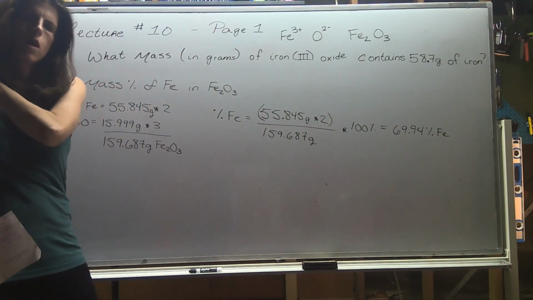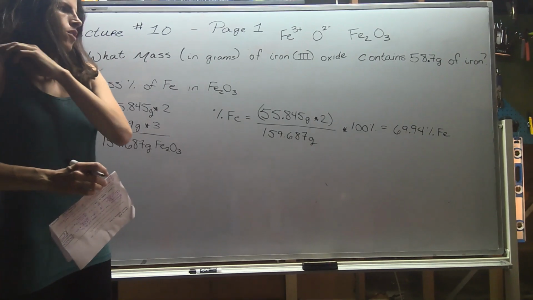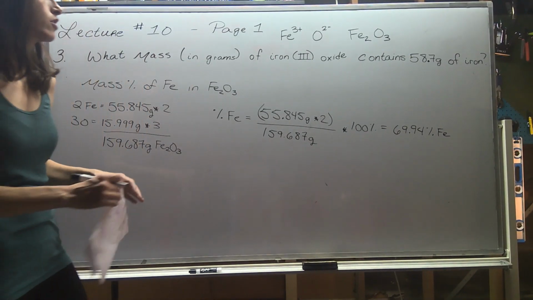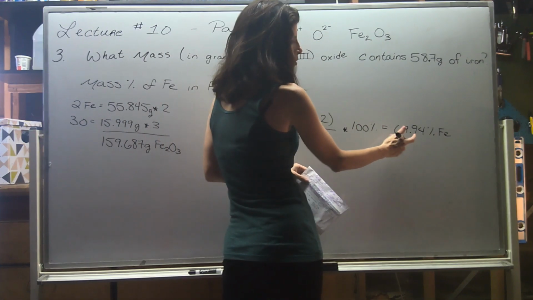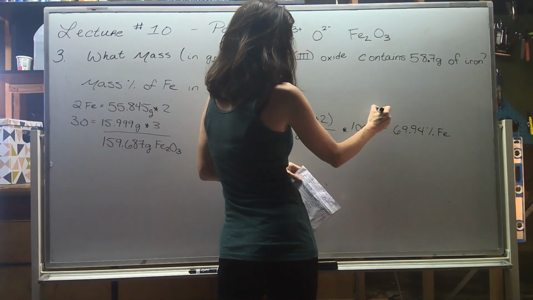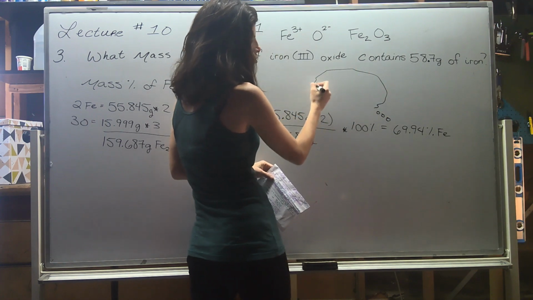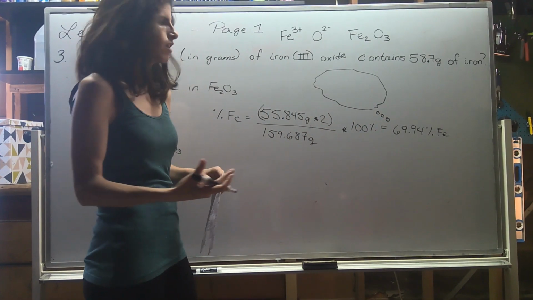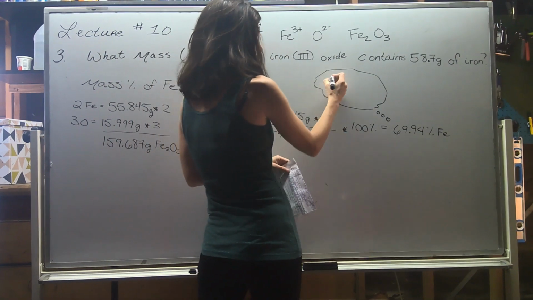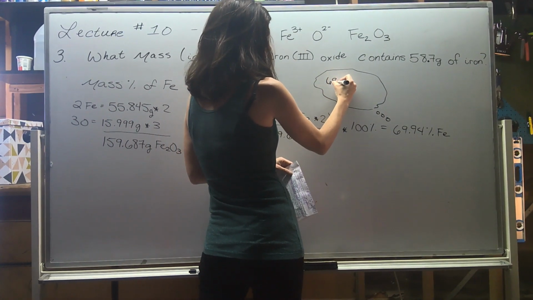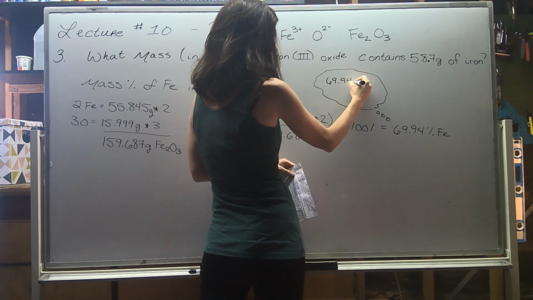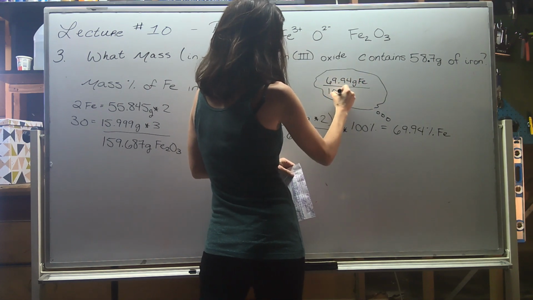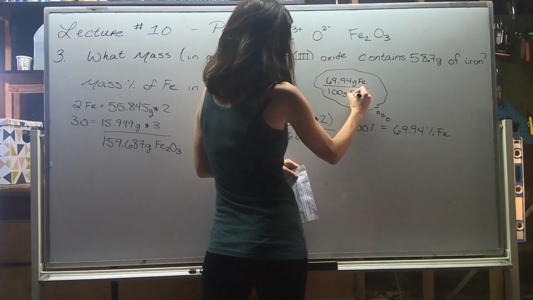When we calculate a mass percent, we can think of that as a conversion factor. So with this 69.94% iron, I'm thinking about 2 versions of the conversion factor, and percent means out of 100. So if I had 69.94 grams of iron, I would have 100 grams of iron oxide.